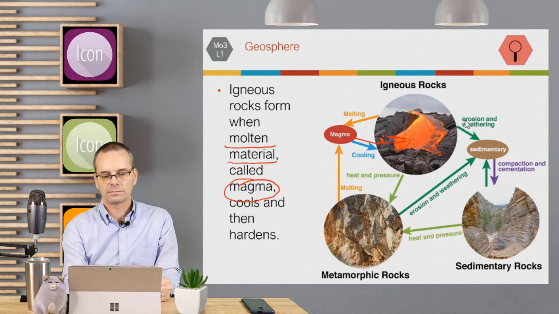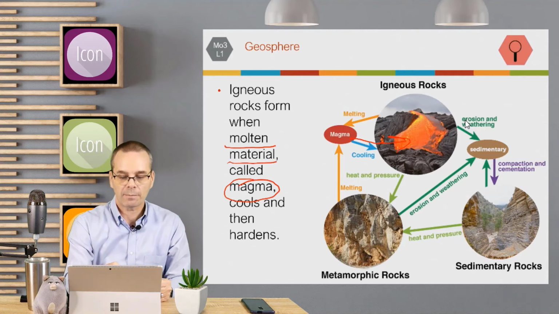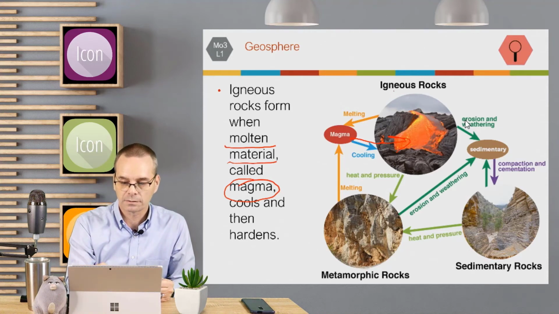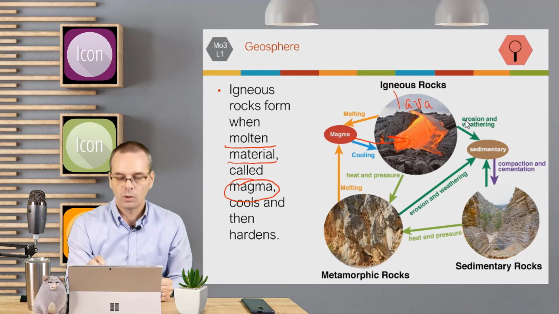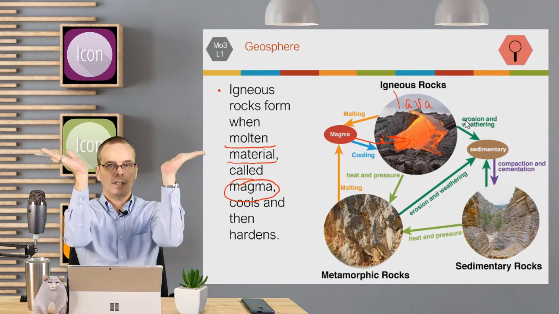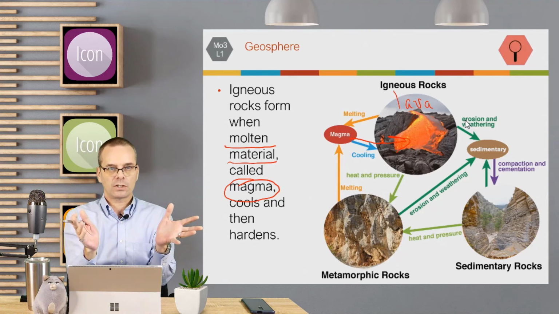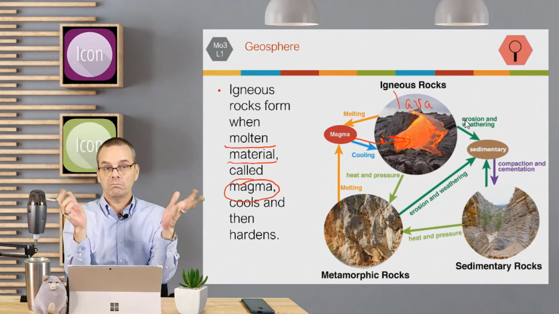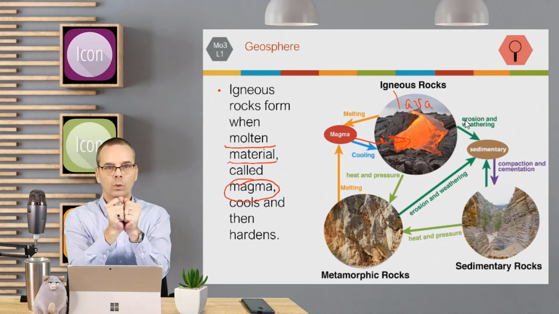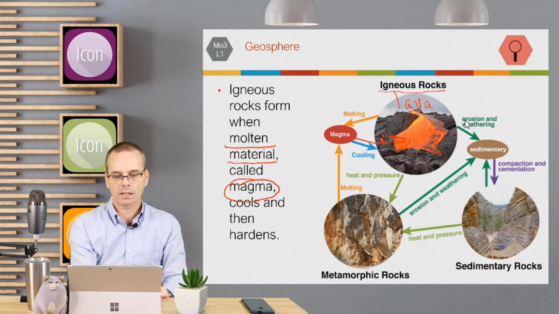So magma comes out, and when it hits the Earth's surface, magma is called lava. When it's under the Earth, we call it magma. When it shoots out, it's called lava. So all that lava on the Earth's surface, or magma, when it cools and hardens, that forms an igneous rock.